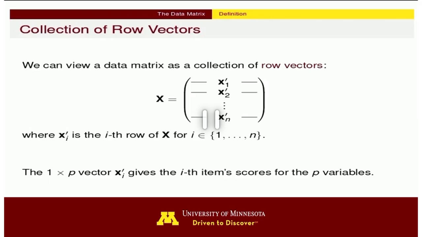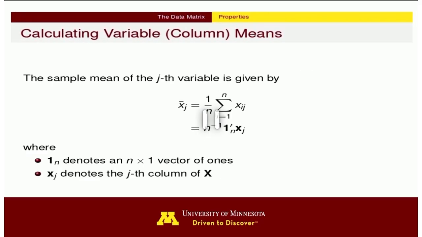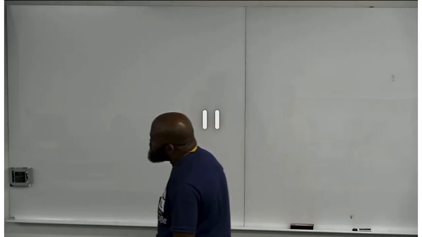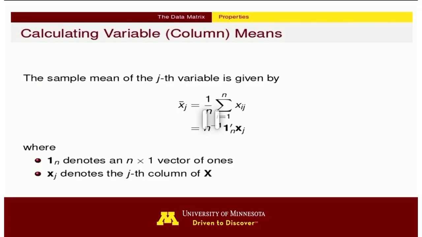If I'm looking for column means, then I'm interested in the mean of each variable. But don't forget, each variable is collected across observations, across individuals. So if I want to figure out the average here, my n is going to be the number of observations.